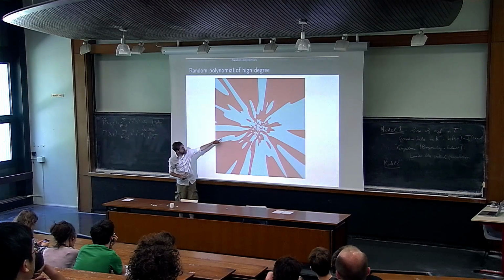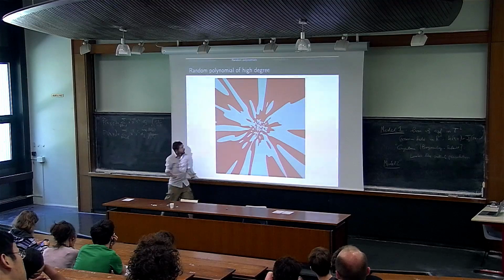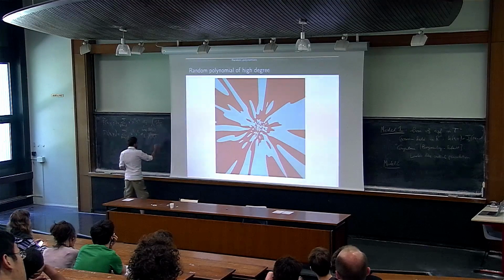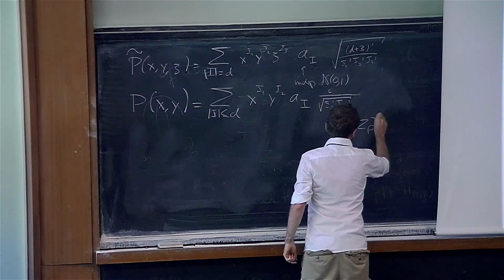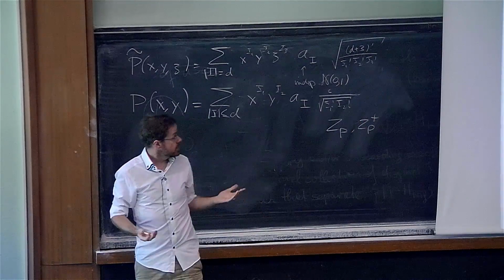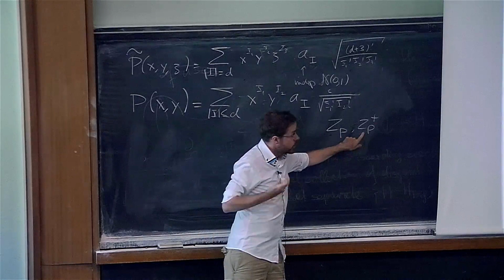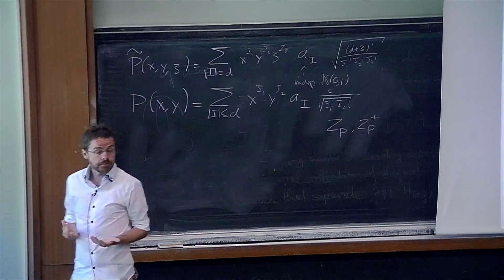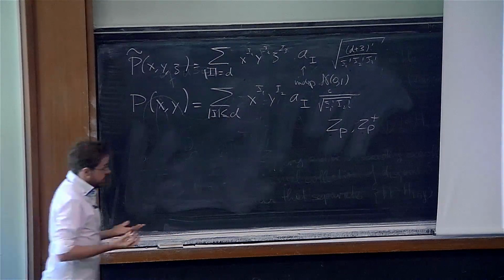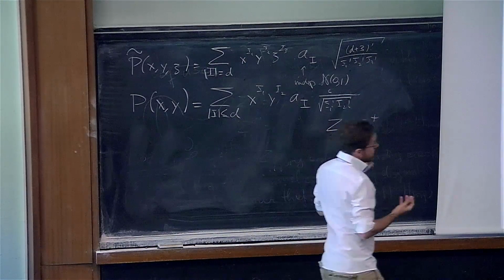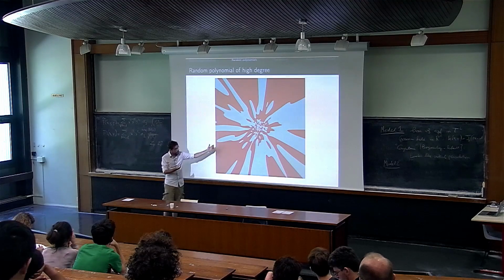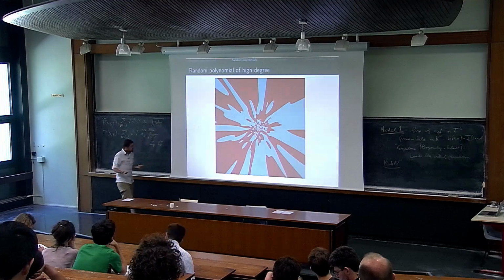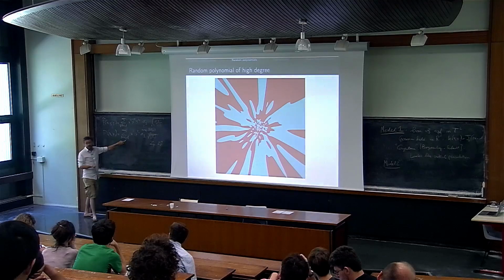So here one color is positive and one color is negative. And again, you want to look at Z_p, which is the zero set, and Z_p plus, which is the positive set. So these are the nodal lines, and these are the nodal domains defined by the polynomial. And the question is, can you say something reasonable about this particular set of lines asymptotically as the degree goes to infinity?